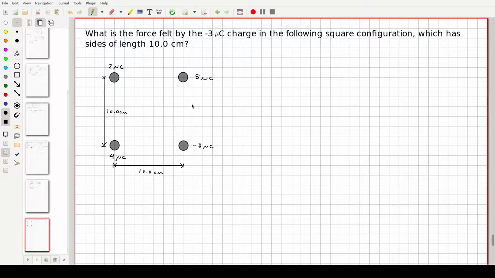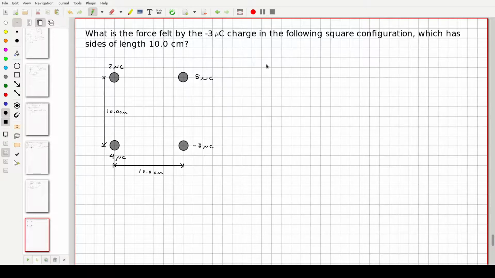And so what I have here is four charges. They sit on the corners of a square. So you have a 2 microcoulomb charge here, a 5 microcoulomb charge here, a 4 microcoulomb charge here, a minus 3 microcoulomb charge here.